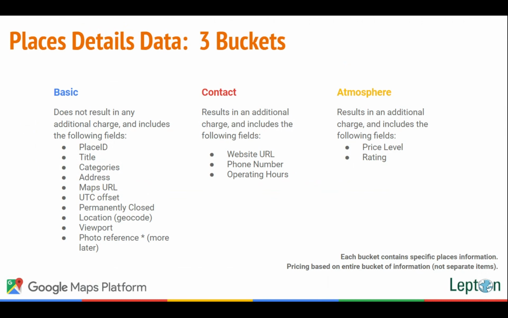And then if we talk about atmosphere data, it covers pricing level and the rating. Rating refers to reviews given by users, reviews which are available in Google's database for a point of interest. So all these three buckets make up place details data attributes.